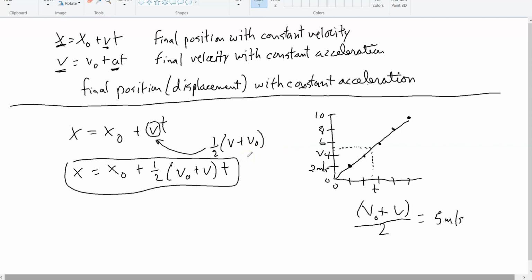Okay, and so we're going to call this the final position or displacement with constant acceleration formula. And we're saying acceleration because the average velocity for the acceleration is just like what happens if we have the acceleration.